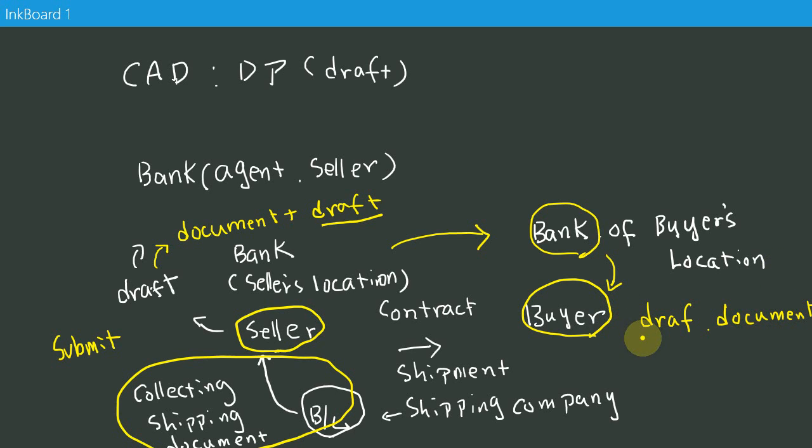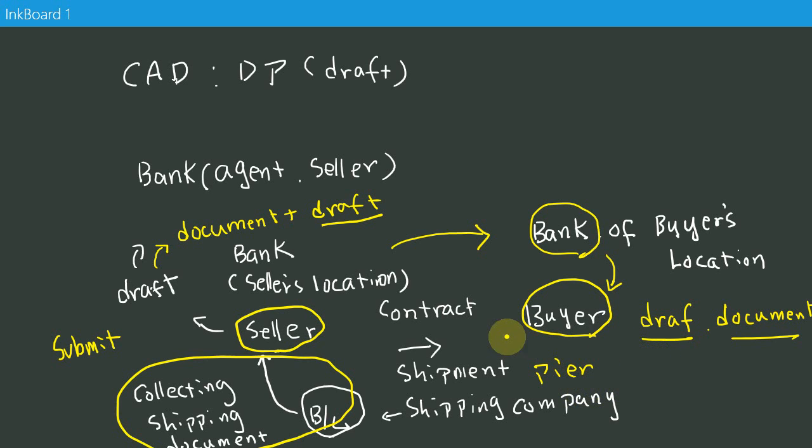Okay, I told you the draft is a document urging the buyer to pay, and this other document is a shipping document. Once the product arrives at the buyer's harbor, the buyer's pier, he can only claim the product once he has this document. Without this document, he cannot claim his product, right?